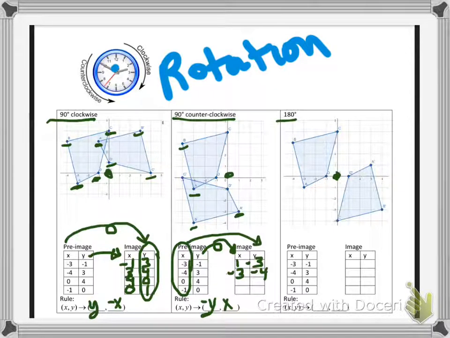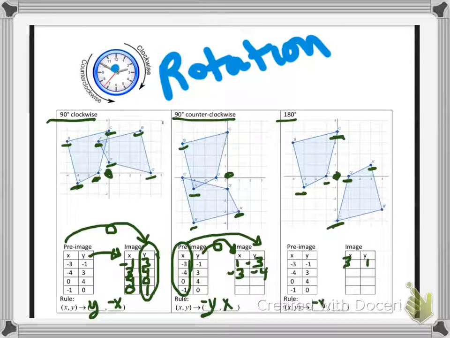180 degrees is even easier, because you can see if we take a point that's right on the y-axis, it stays on the y-axis, it just changes sign. Same thing with a point that's right on the x-axis. It stays there, it just changes sign. And in fact, any of these points, if you look at them, the x and the y values stay the same, but change sign. So the point at (-3, -1) goes to (3, 1).